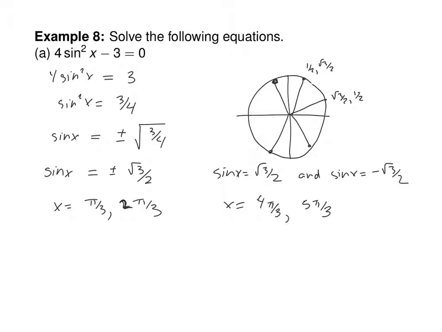So pi thirds, 2 pi thirds, 4 pi thirds, and 5 pi thirds. Can you do one list? No. You can do 2 lists, yep. One list would be pi thirds plus pi n. Which other point is that going to catch? 4 pi thirds. Another list could be 2 pi thirds plus pi n, and what's that going to catch? 5 pi thirds.